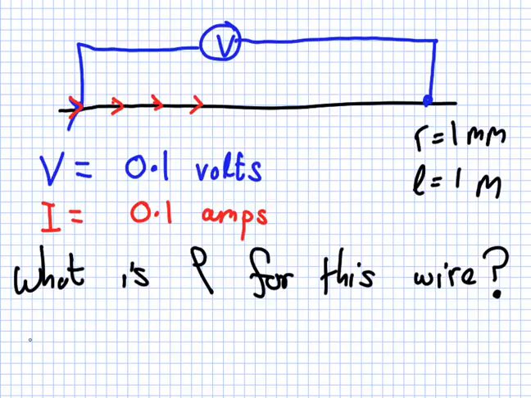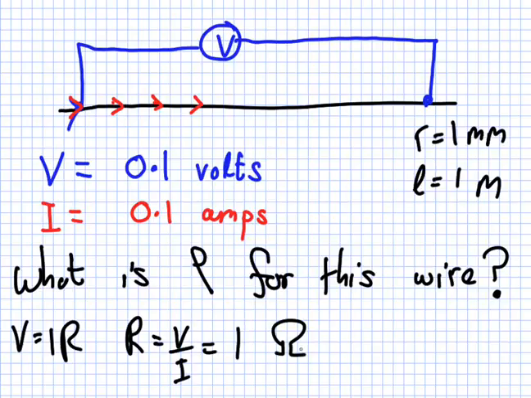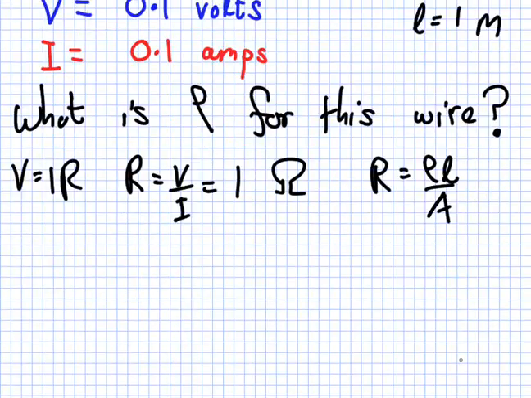So here we have V equals I R, so R equals V over I, which equals 1 ohm. But you also have R equals rho L over A. So therefore, rho L over A equals 1.